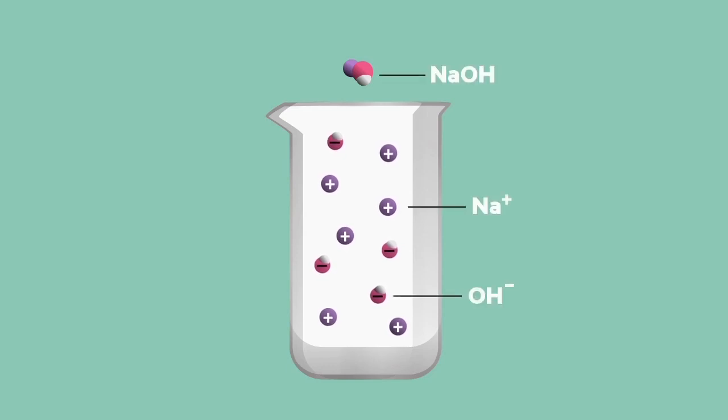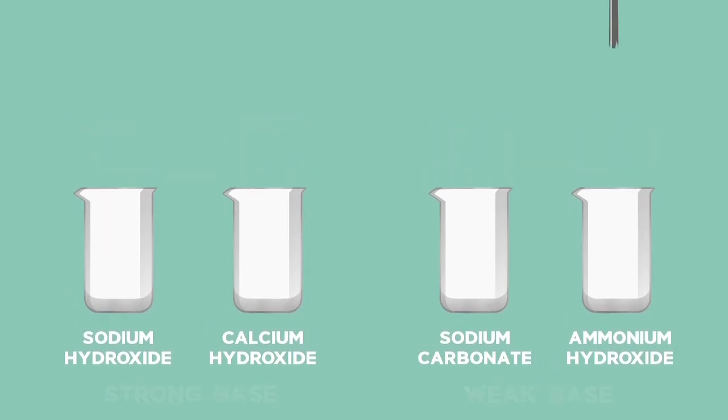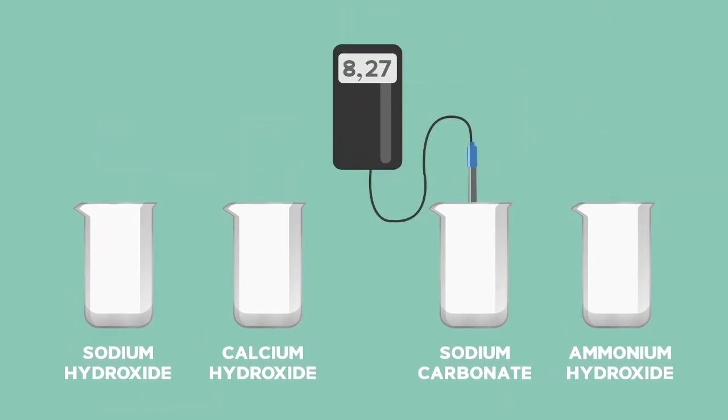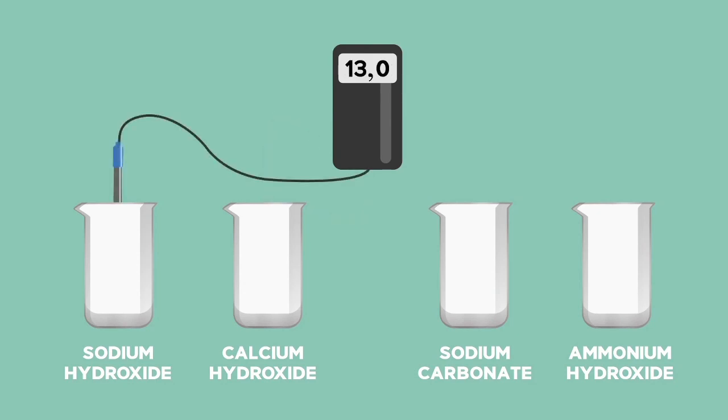The concentration of ions in solution is higher in a strong base. Therefore, there are more particles which can conduct current through the solution. Strong bases have higher pH values than weaker bases. The pH of strong bases is above 10.